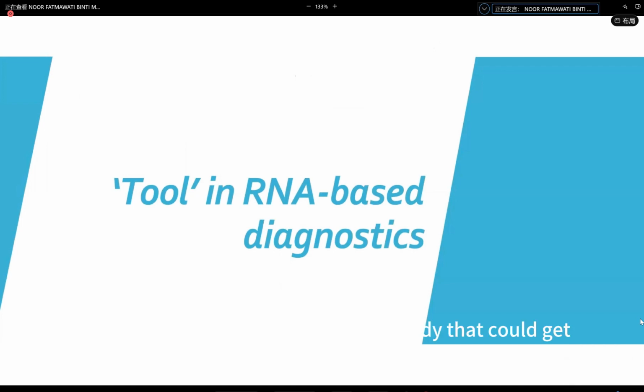So for protein, you have an antibody that could specifically go to that protein. So the antibody here is what we call the tool. But what about DNA or RNA?